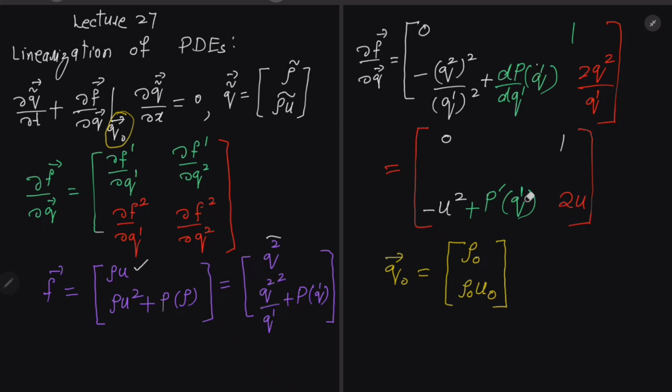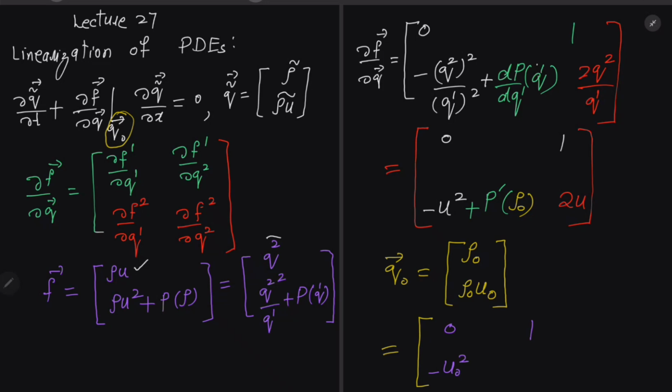We also need to change this variable as well. This becomes rho naught, since it is equal to q1. So finally we get 0, 1, and minus u naught square.